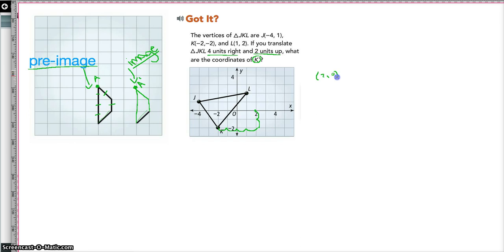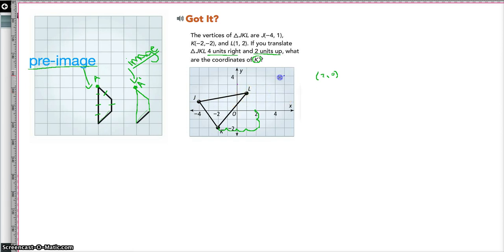And we can still find all of the other coordinates by moving them 4 units over, 1, 2, 3, 4, and 2 units up. So this would be J. I'll color that one pink here. And then we can do L as well, 4 units to the right and 2 units up. 1, 2, 3, 4, and 2 units up is here.